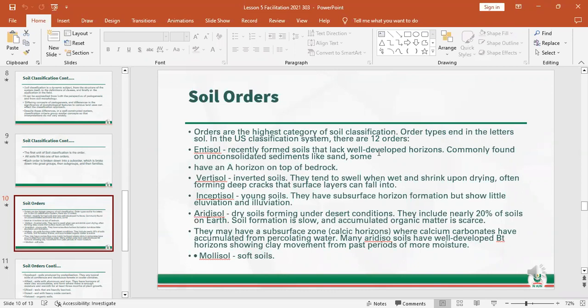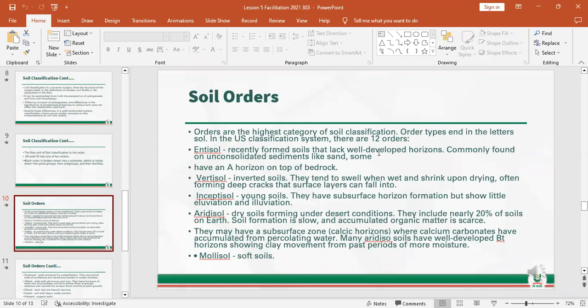Now we also have Vertisols, which are inverted soils, and they tend to swell when they are wet and shrink when they're dry, often forming deep cracks on the surface layers during the dry season. They have very wide cracks when there is dryness, and when these soils absorb moisture, they swell.